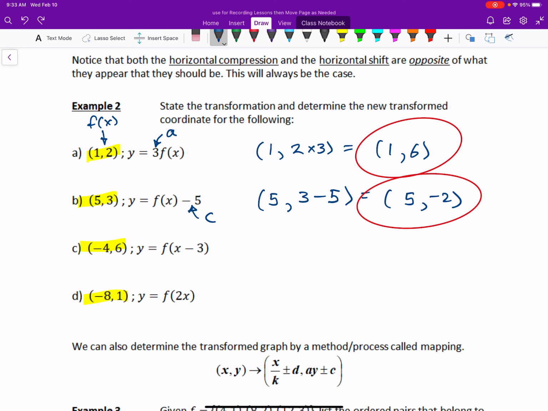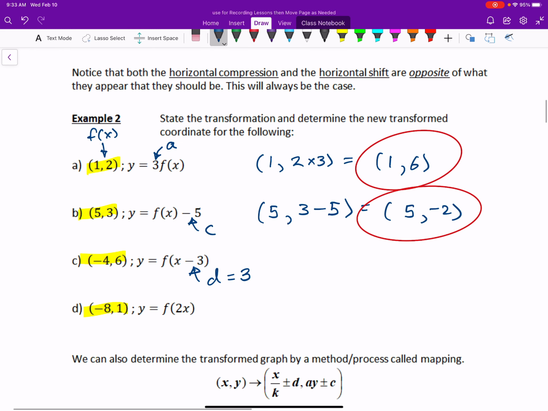In this next example, now we're inside the brackets, aren't we? But it's after the x, which makes it a d value, which makes it a horizontal shift. And remember, we changed the sign. This becomes a positive 3. And so if it's a horizontal shift, we take our original x-coordinate of -4 and add 3 to it, because it's horizontal, so we do that to the x-coordinate.